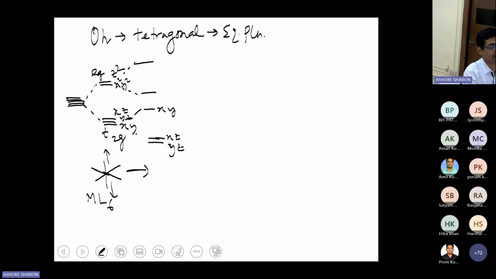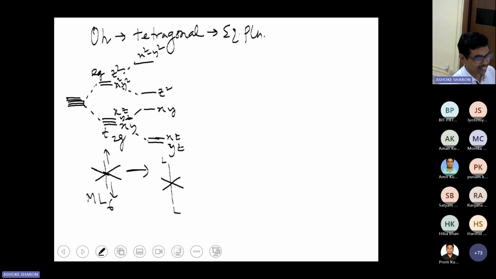So it becomes like this. Here this is z square, this is x square minus y square. So we get a structure like this. You see, the axial bonds are now larger than the equatorial bonds in the second step.